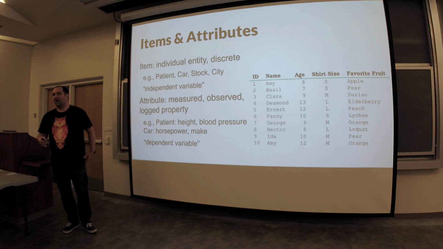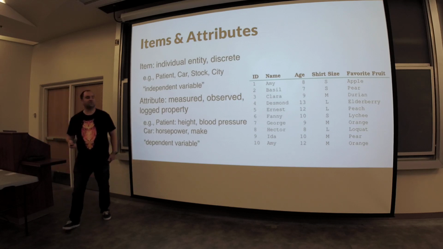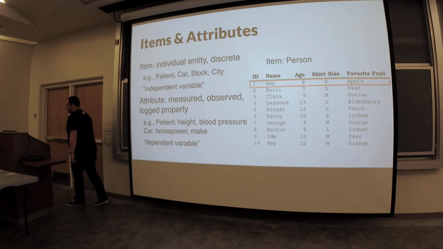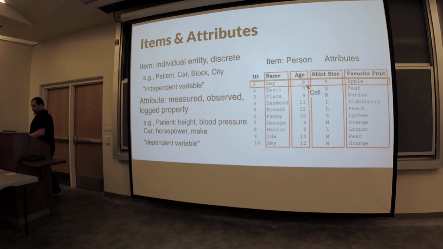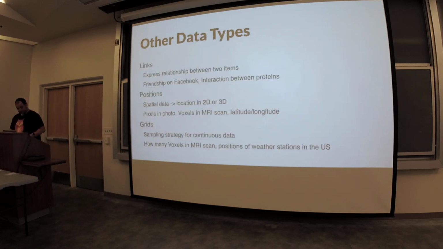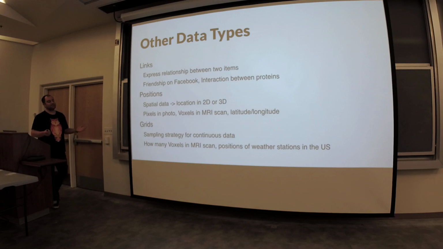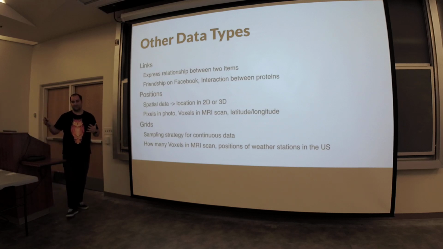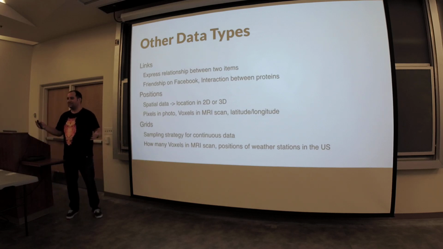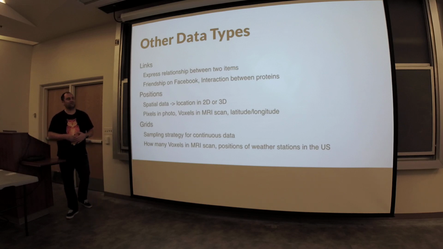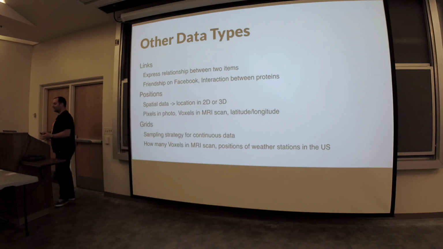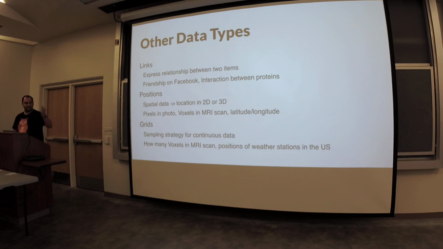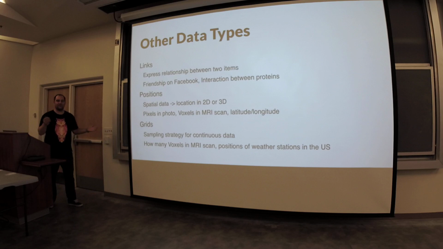So this is something that is distinct and that we treat distinctly. Examples are friendships on Facebook, friendships in real life, or knowing somebody, networks basically. This is a massive data type and research area. You can have it in the science of things like interaction between proteins, or predator-prey relationships in ecology.